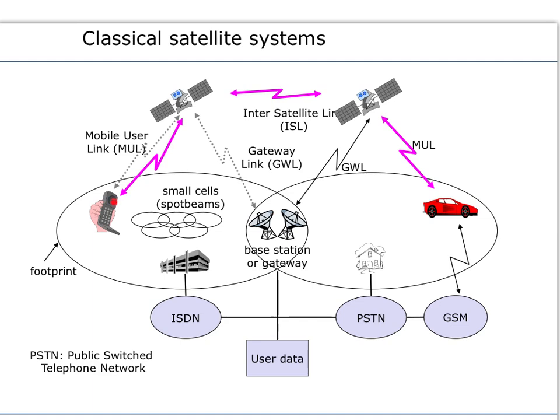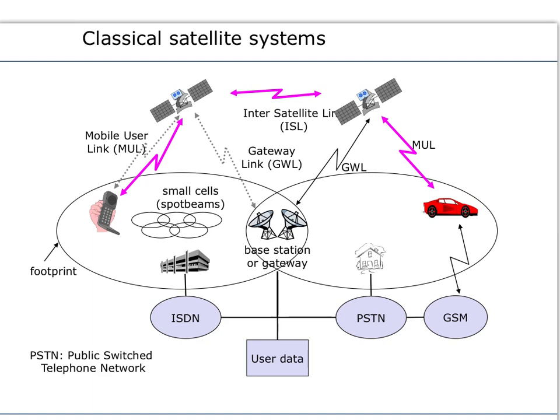By the way, this mobile user link can use transmission power in the range of 1 watt or maybe 2 watts, which is, of course, very high, and that's why mobile user devices used to be bulky, relatively speaking, and used high transmission power and large antennas to be able to communicate with the satellite. Nowadays, we're using 24 gigahertz and 40 gigahertz, and in low orbits we can use low transmission power, as we will discuss, and that facilitated the fact that mobile devices are becoming smaller and so on.